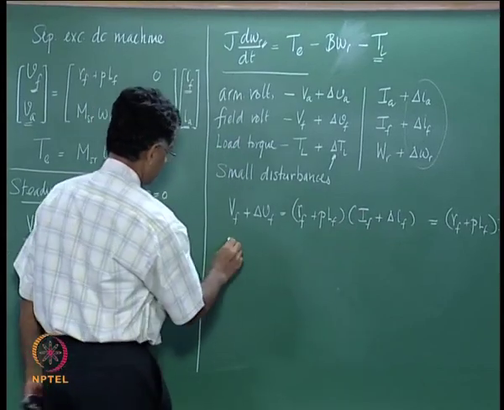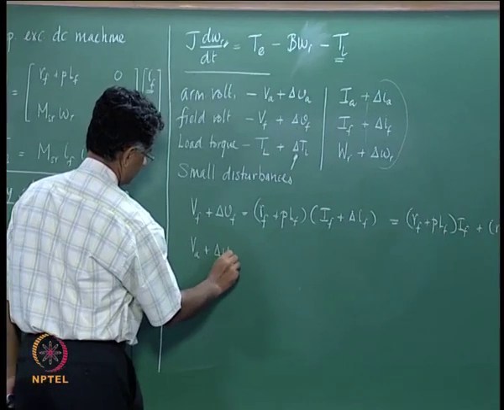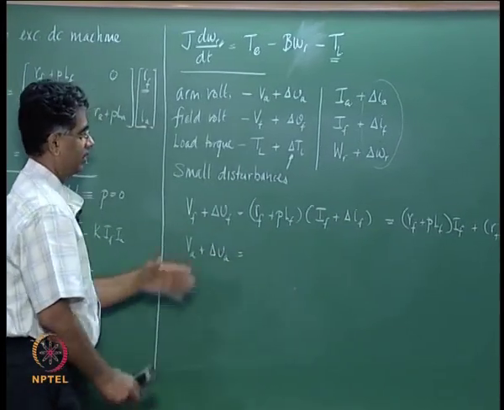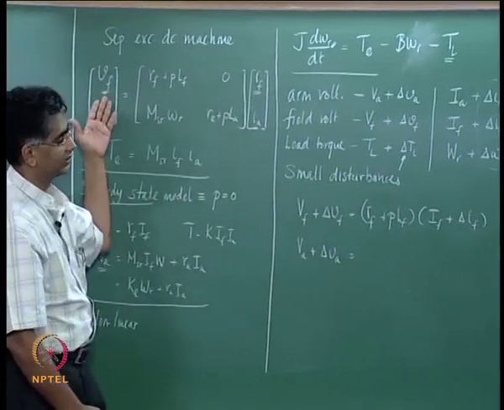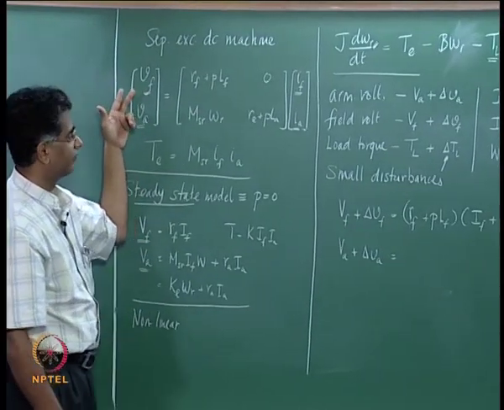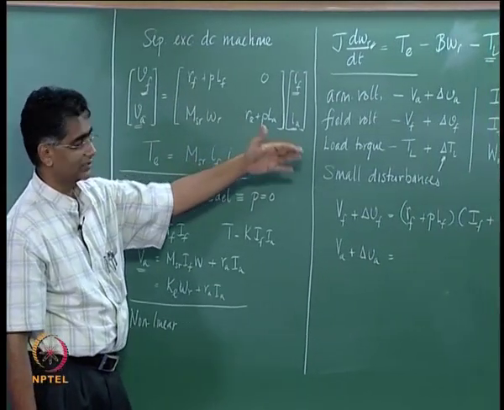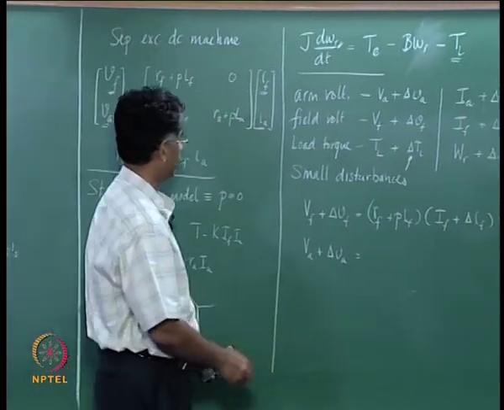Similarly, one can write for the armature Va plus delta Va. Please note that we are only expanding whatever equations we have already derived. We are substituting for the general field voltage and armature voltage the specific expressions as steady state plus disturbances, that is all that we are doing.